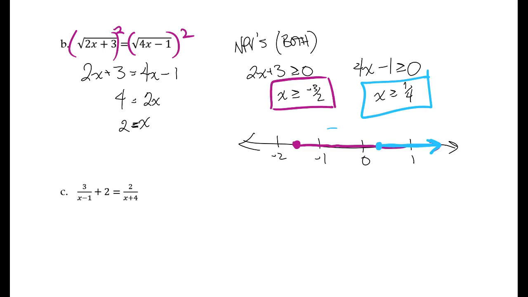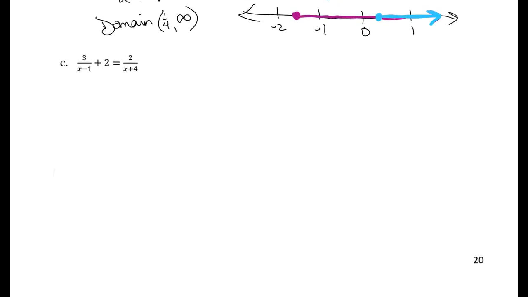So my actual non-permissible value, or my domain for this, is going to be the one that restricts it more. 2 is still a valid answer, good to go, but my domain would be starting at 1/4 and going to positive infinity. Even though this is true of the left-hand side, because the right-hand side is more restricted, that is what we have to contend with.